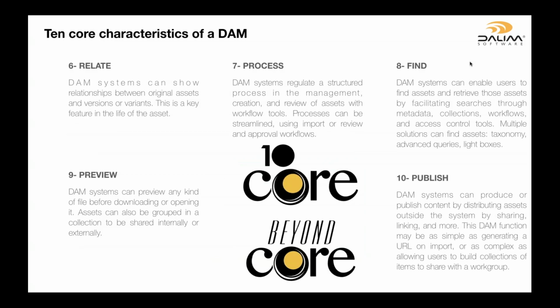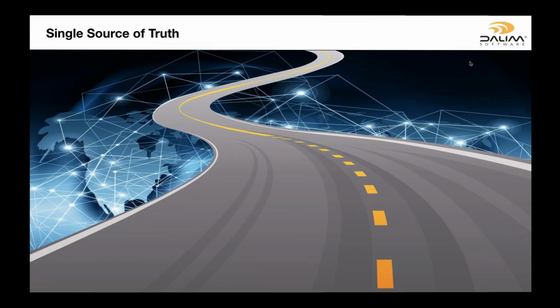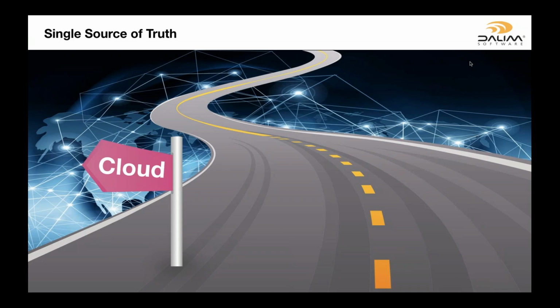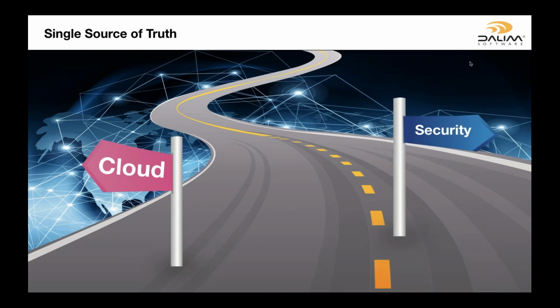These kinds of things are very important, and something we try to share during all the DAM events alongside the year. And in fact, on our side, the ES is a clear representation of that goal. So it means this unique single source of truth. Of course, it has to be in the cloud today, because brands are searching for quick access to their content without spending tons of money with IT.